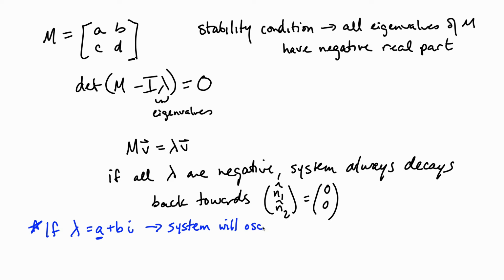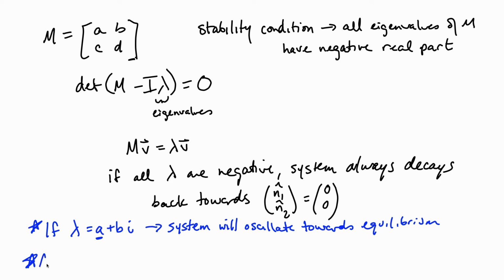Oscillate, I should say, towards the equilibrium. It's still going to go to the equilibrium, and the equilibrium is still stable, but instead of heading straight there, it'll kind of spiral around it until it gets there.